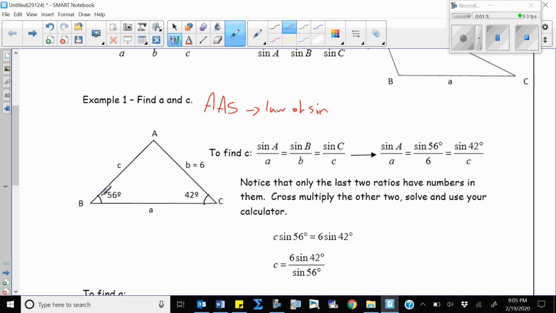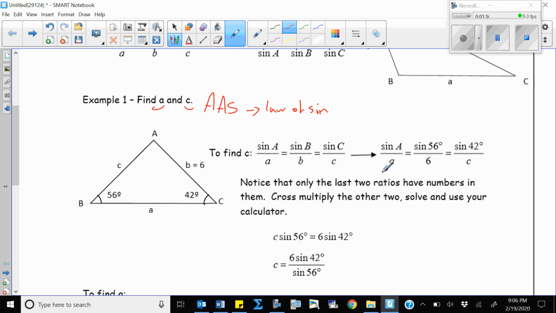I have angle B, so we replace that here, 56, and also side b, which we replace here, and we also have angle C, which is 42, and replace that. Our goal here is to solve for side a and side c.